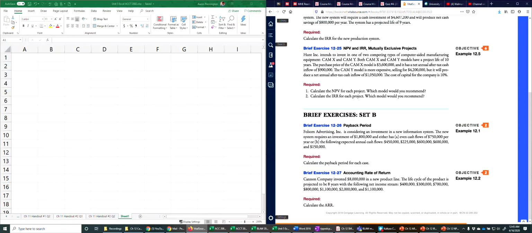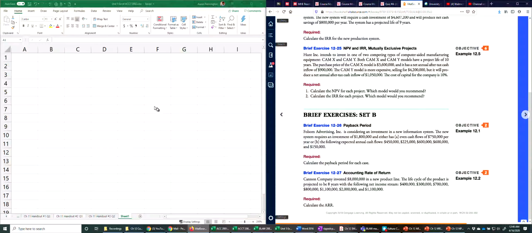The new system requires an investment of $1.8 million and either has A, even cash flows of $750,000 per year, or B, the following expected annual cash flows of 450,000, 225,000, 600,000, 600,000, and 150,000. All right. Calculate the payback period for each case.